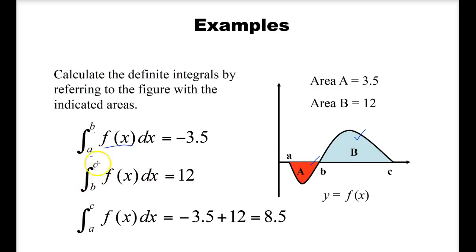It will be split from A to B, and then from B to C. And then of course the area under the curve from A to C is just going to be the sum of these, where we know that this area is negative here and this one is positive.